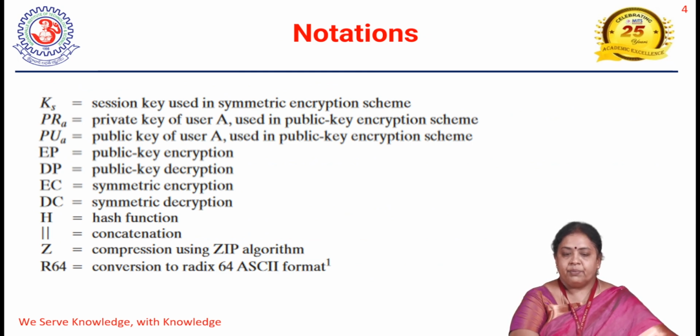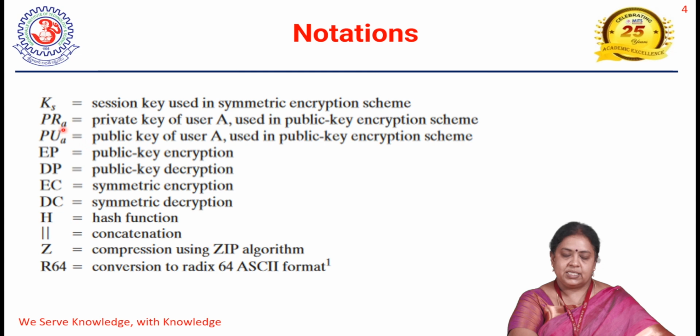Coming to the notations, first we must have an idea about the notations. Here we are using KS. KS refers to the session key that is used in the symmetric encryption scheme, and the session key is designated as KS.